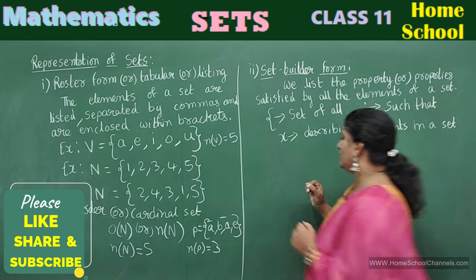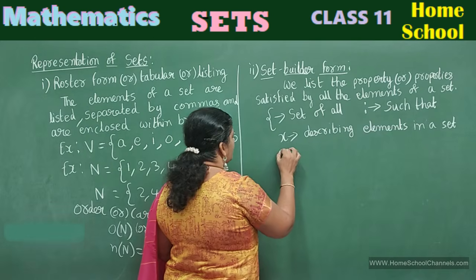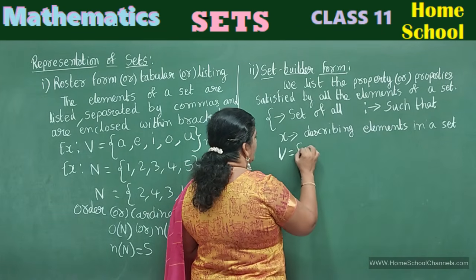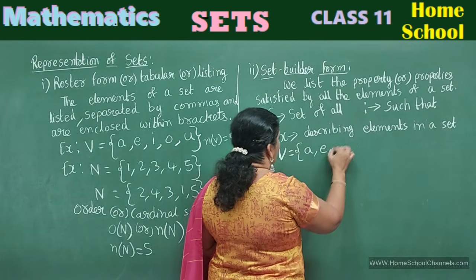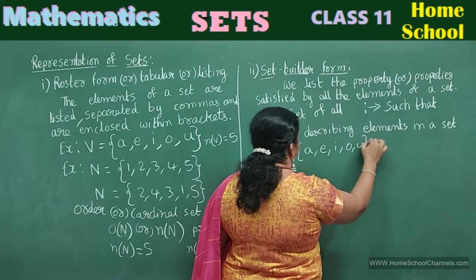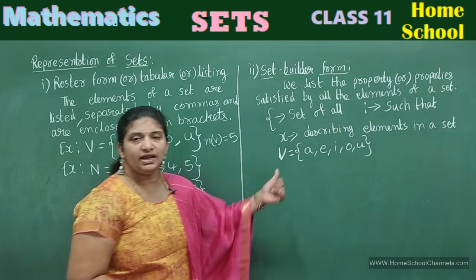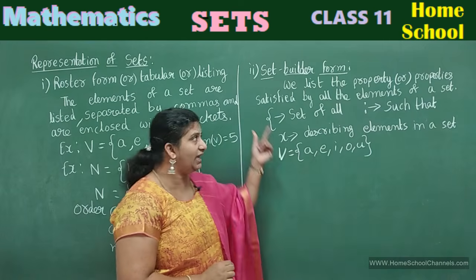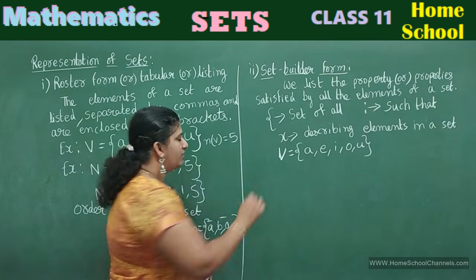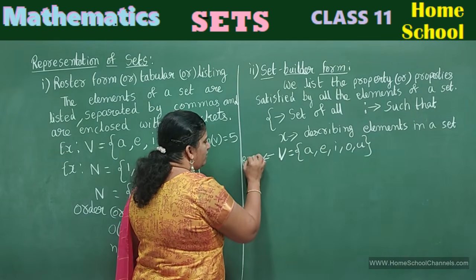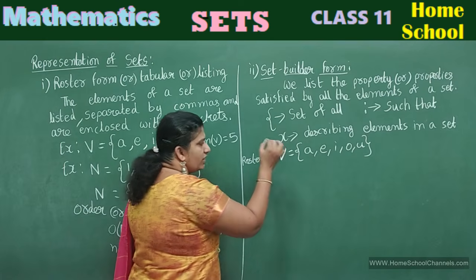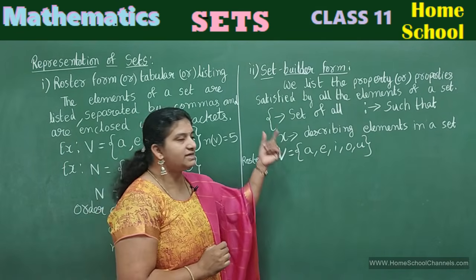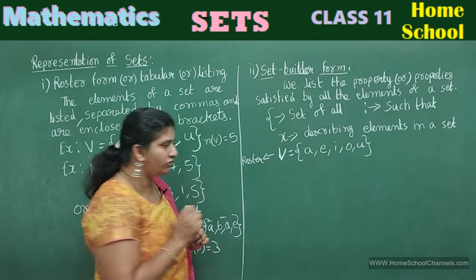Suppose, let me take an example here. V is equal to A, E, I, O, U. Which form is this? It is roster form. Write the set in set builder form. This is an example for roster form. Okay? Write this in set builder form. How are we going to write?